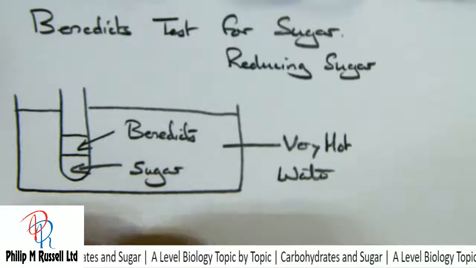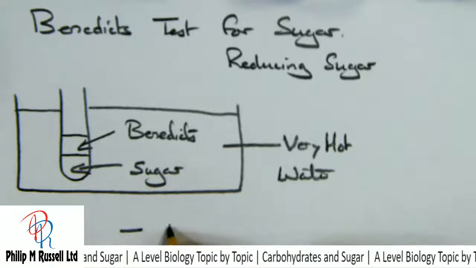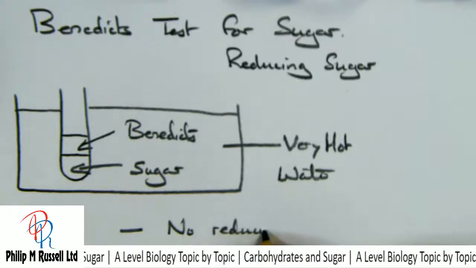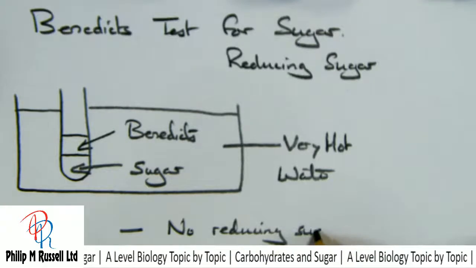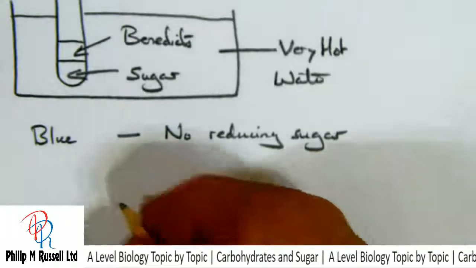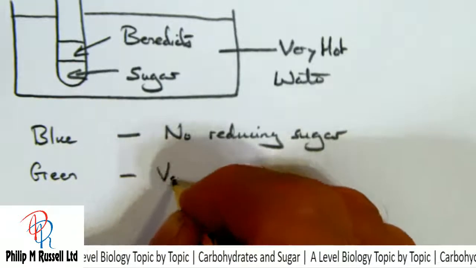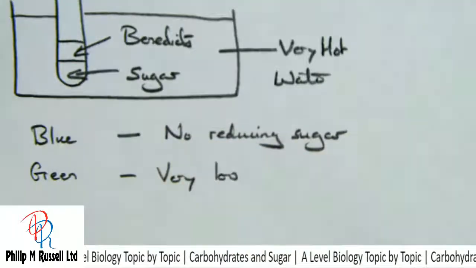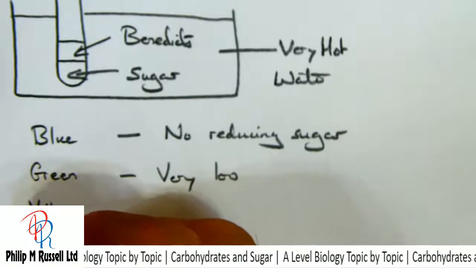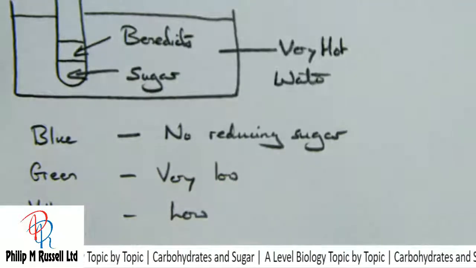So Benedict's is blue, so if we've got blue and it remains blue, we've got no reducing sugar. If it goes a sort of green colour, this is a very low amount of sugar. If we get more of a yellow colour, we've got a low amount of sugar.